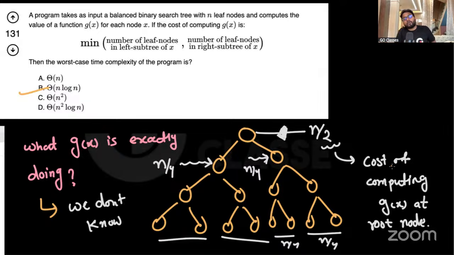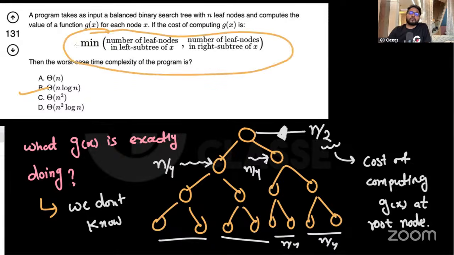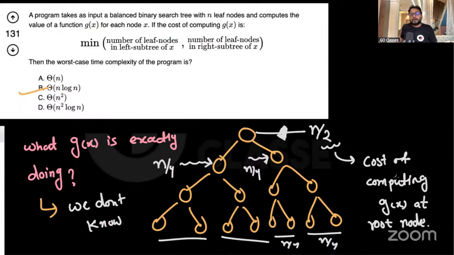Students think about how to calculate this GX, and they try to find the best algorithm to optimize it, using hit and trial, and unnecessarily go in a different direction. The question is not saying that this is GX. This is the cost of calculating GX. This is the crux of this question.